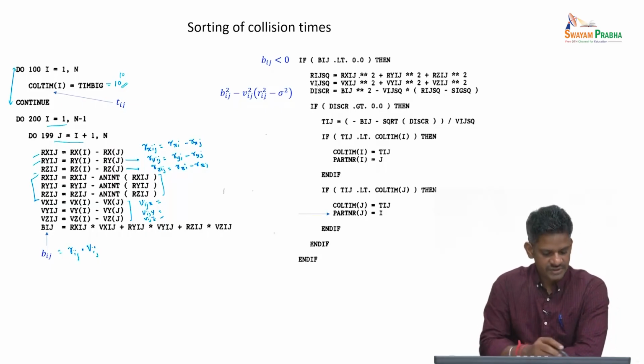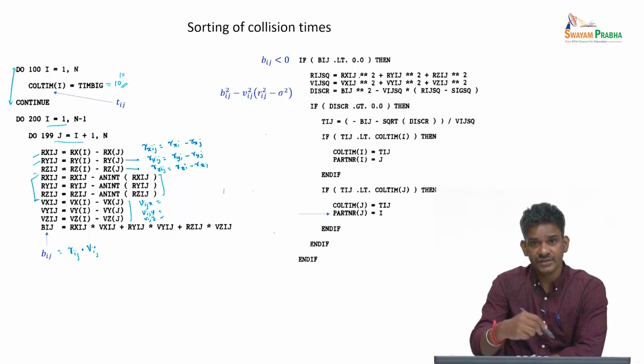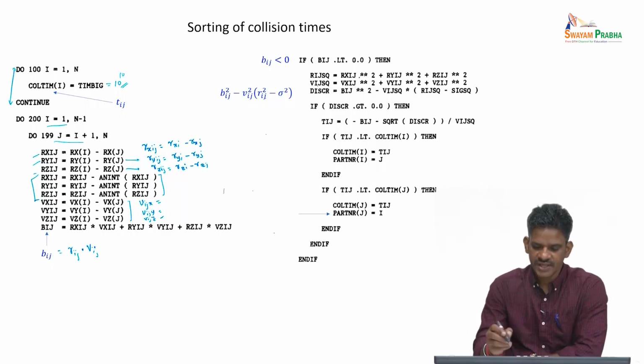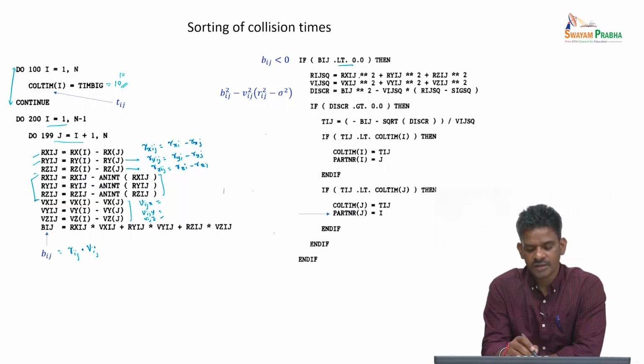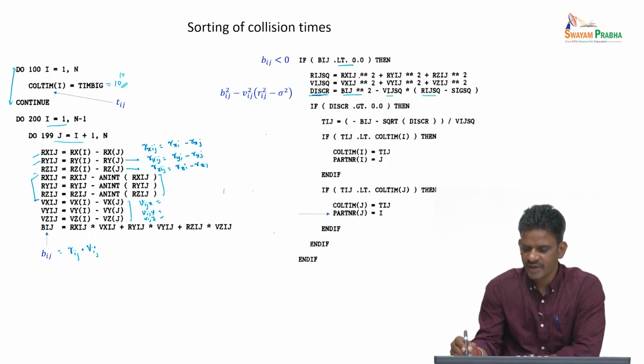Okay. So, this is done for one particular pair i and j within this loop. Then we check whether this Bij is negative or not. If so, then we look at the second condition, that is, whether the term within the square root of the quadratic equation is positive or not. That is given as this variable DISCR. This is given as b square minus Vij square times Rij square minus sigma square.